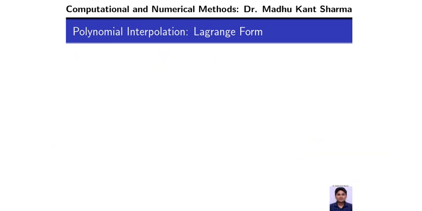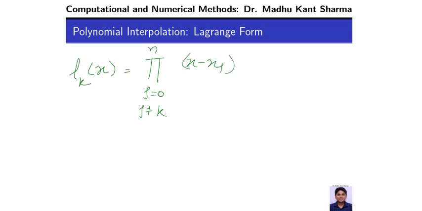You can find Lk of x, which is the product of j equals 0 to n, j not equal to k, of (x minus xj) divided by (xk minus xj). So by similar reasoning, you can obtain the following cardinal function.